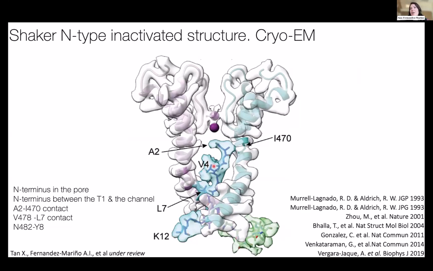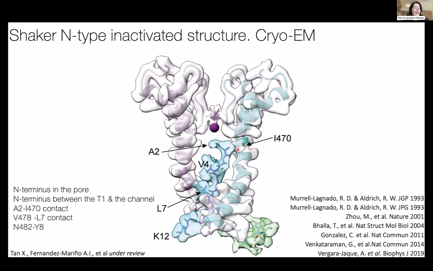And as you can see, we have enough resolution to identify some side chains. We see how there is a continuous density with I470, which is a residue that we know is very important for N-type inactivation. There's a lot of work done to identify this residue here.